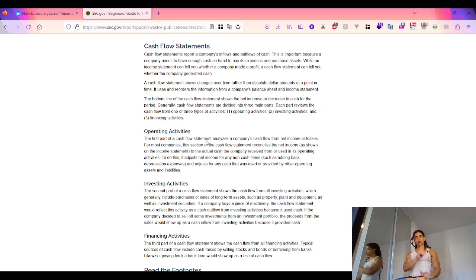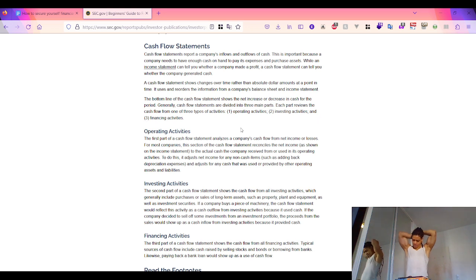And it also adjusts for any cash that was used or provided by other operating assets and liabilities. So these are the two things that it does.